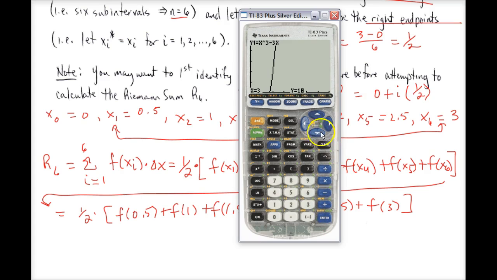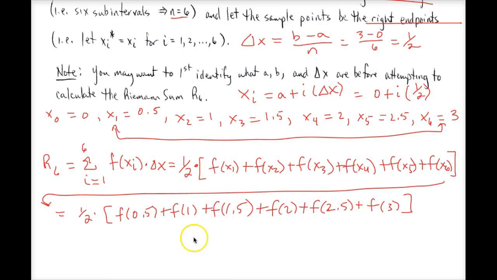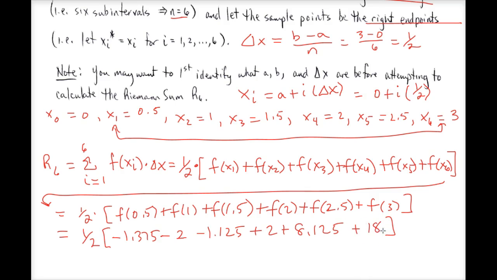And so all we need to do now at this point is just add all those numbers up. Okay? So we got negative 1.375, minus 2, minus 1.125, plus 2, plus 8.125, plus 18.